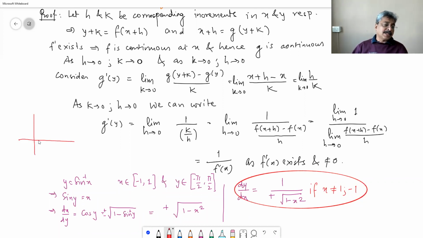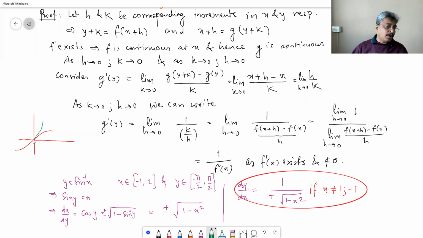Because if our sine curve is like this, in white color, our sine inverse is like this.